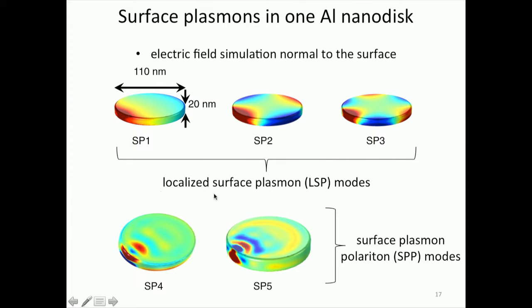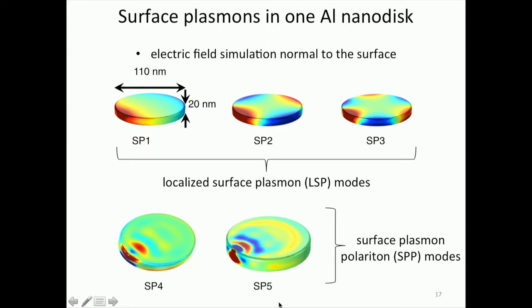These are localized surface plasmon modes. This simulation is specifically for a diameter of 110 nanometers and 20 nanometers thickness. Furthermore, we also found some surface plasmon polariton or waveguide modes, which are surface plasmon modes that propagate in the cylinder, which we name SP4 and SP5.